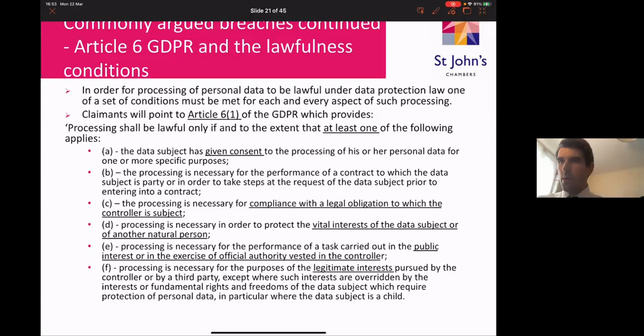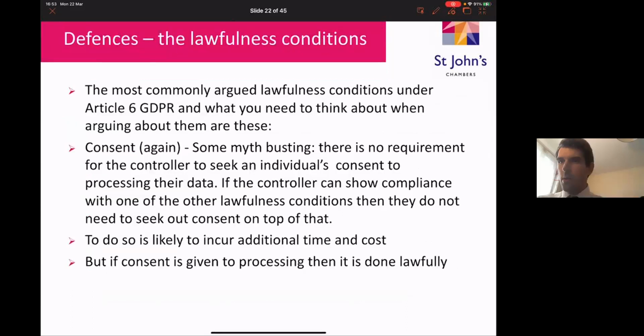So in outline, these are the most commonly argued lawfulness conditions under Article 6, and what you need to think about when you either put them forward as a claimant or defend these allegations as a defendant. Consent, obviously being the big one, but some myth busting about it.